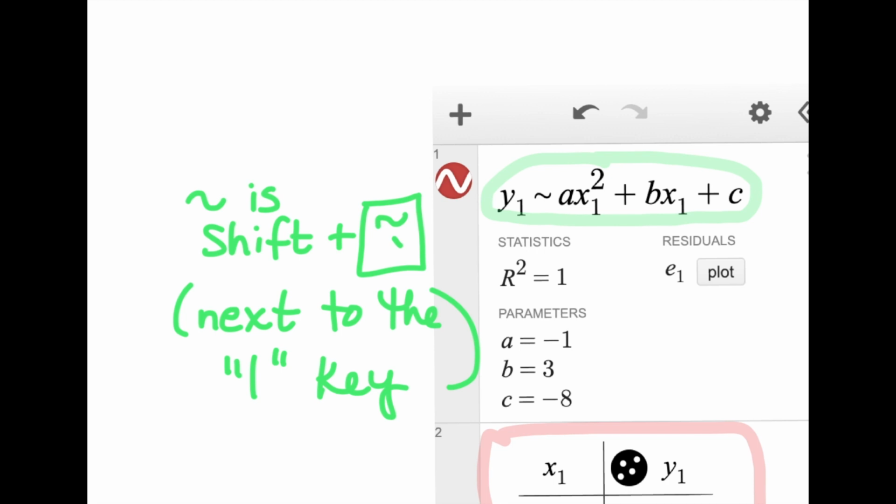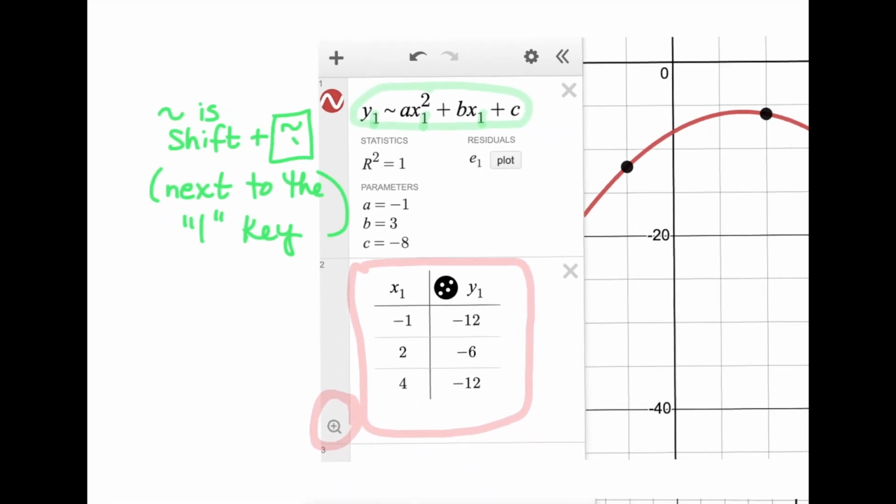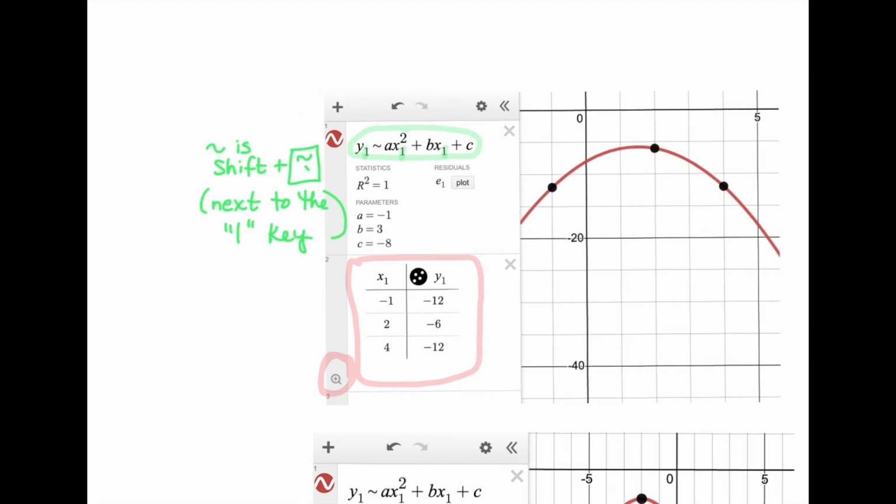When you want the subscripts, meaning y1 and x1, you just type y and then 1, and Desmos automatically makes it a subscript.